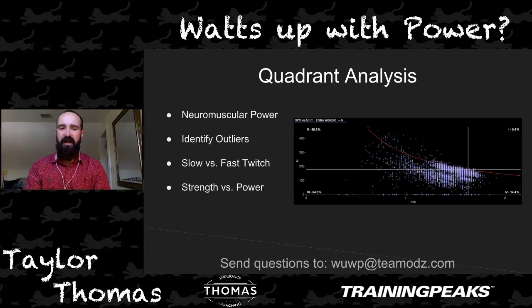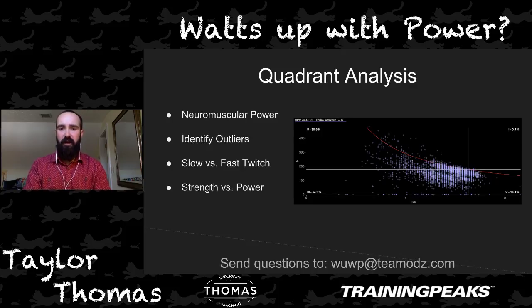Strength is the maximal force generating capacity of a muscle. So how much force can a muscle generate? And power is the rate at which work is being done. So strength and power, although they're related, are very different things when it comes to riding a bicycle. And oftentimes, strength isn't necessarily the limiting factor for the production of power.